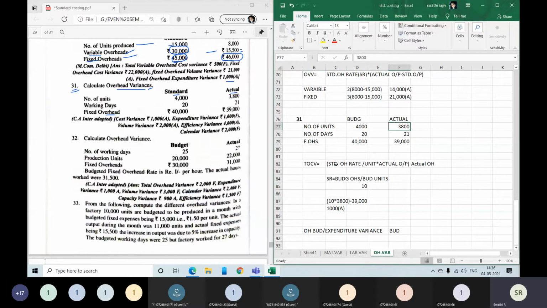Then standard overhead rate per unit. As I told you, mostly it will not be given, but you can find it out. You're finding out per unit how much cost we incurred. Standard means budgeted; we usually write it as standard only, but you have to understand standard and budget are the same. If not, we are talking about actual.